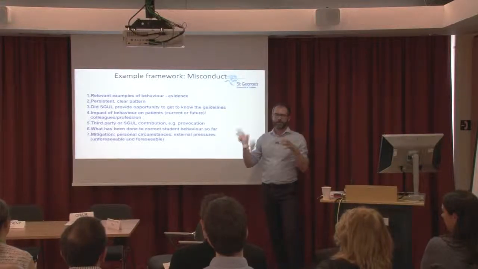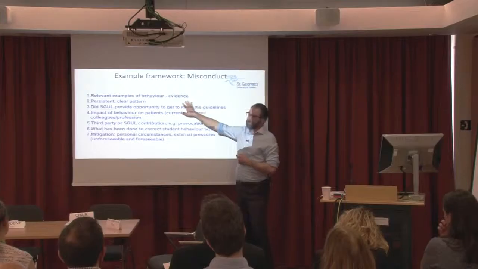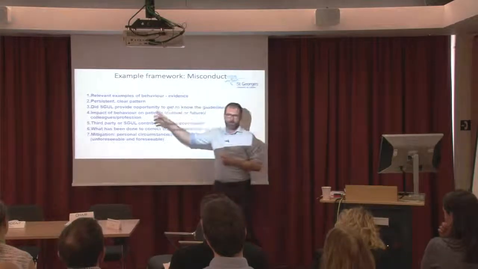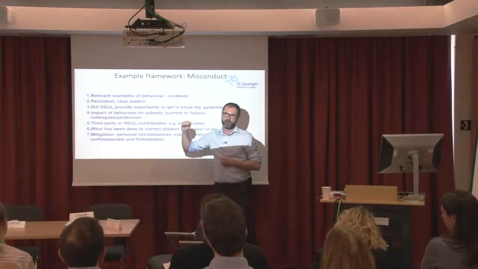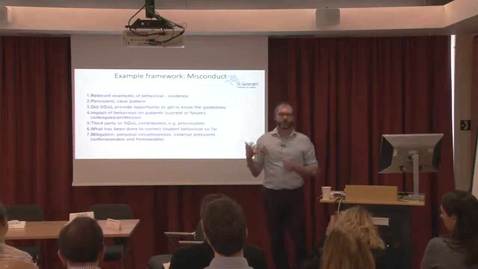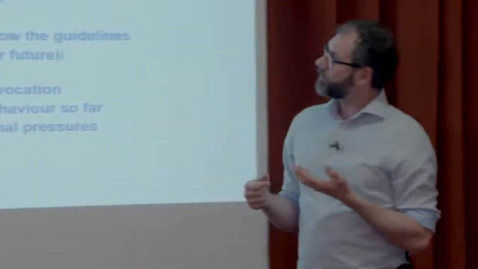It's really as if you were with a video camera videoing what is going on. After you've generated that, you see whether there is a clear and persistent pattern. It's very difficult to show that there is a problem with behavior if there is not a pattern. So you need to gather evidence that that pattern is indeed persistent.